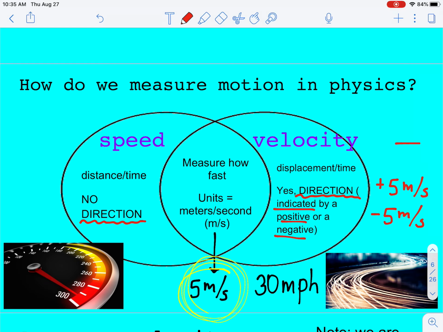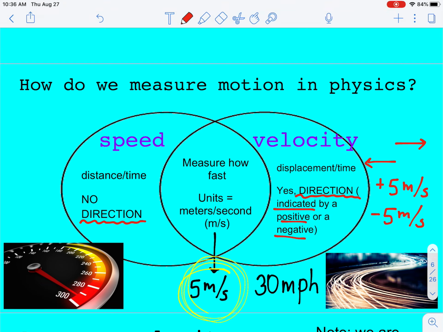It just means 5 this way or 5 that way. Positive and negative are opposites. So if someone's going positive 5 and someone's going negative 5, they're going in opposite directions, but they're not going different speeds. They're both traveling 5 meters every second, just in different directions.